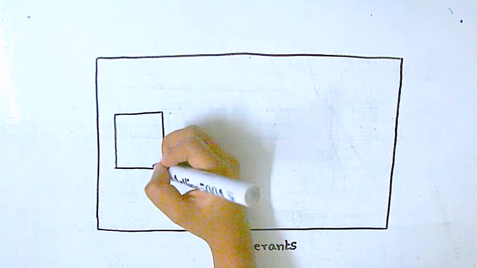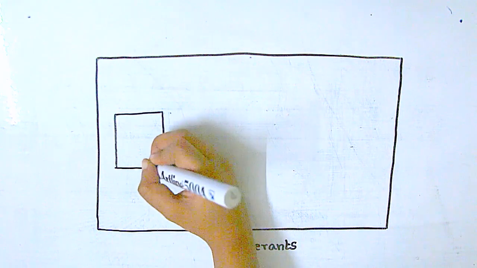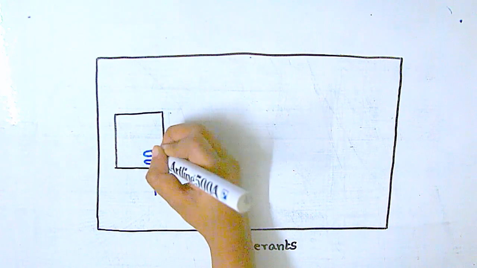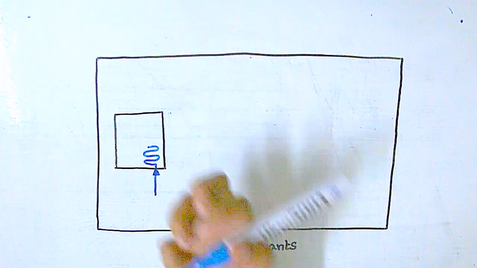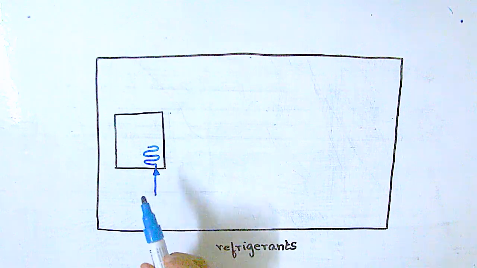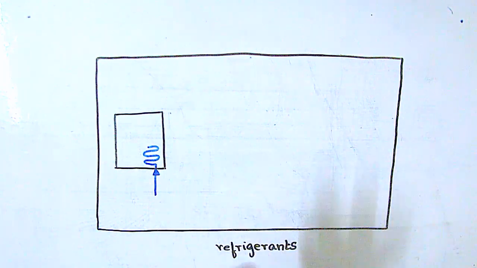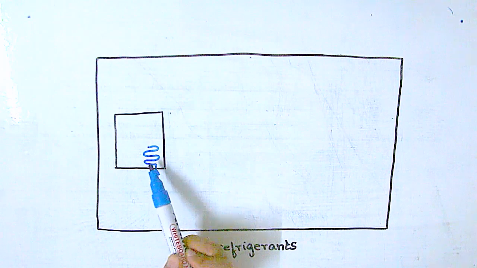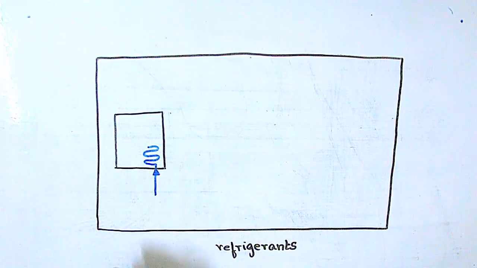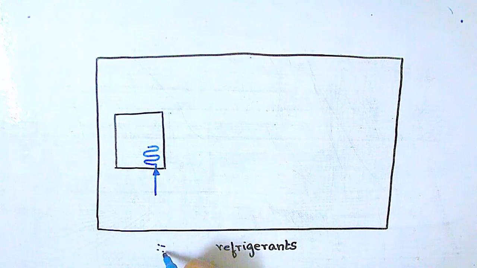So when you send the refrigerant inside and it is cool, it flows through the box and it absorbs heat as it flows. What happens when a liquid absorbs heat? When it absorbs enough heat, it changes from liquid to vapor state. So it takes up all the energy. The liquid molecules, initially when it's cold, are all tightly packed.